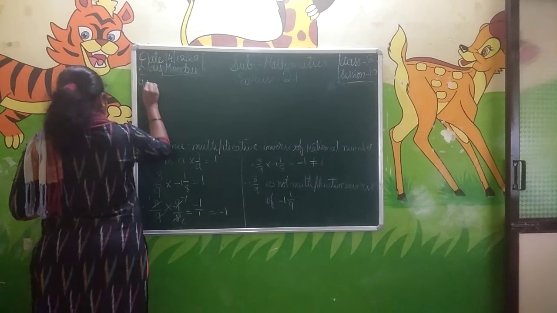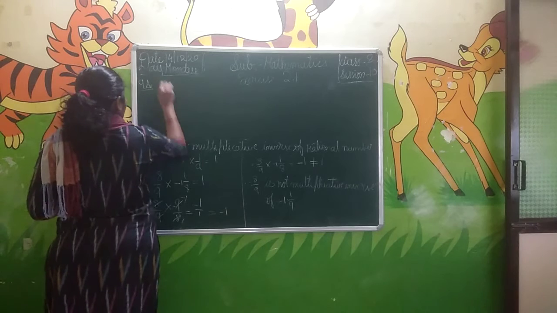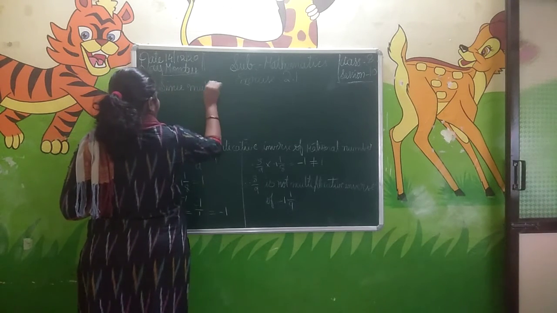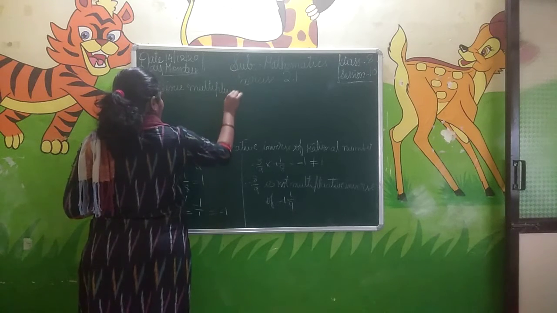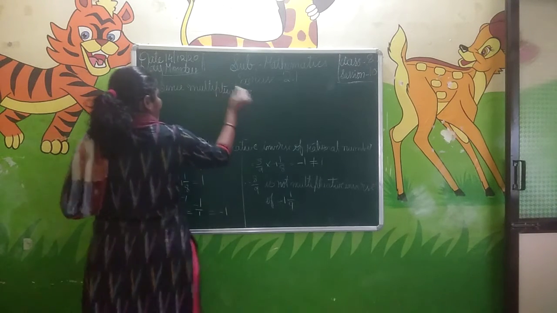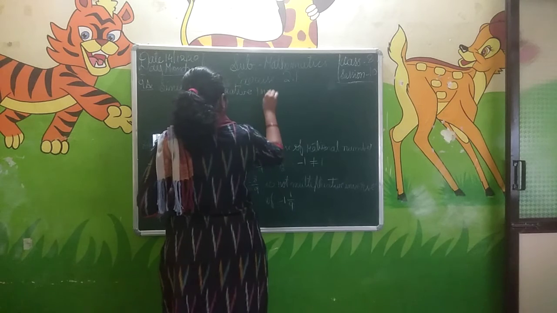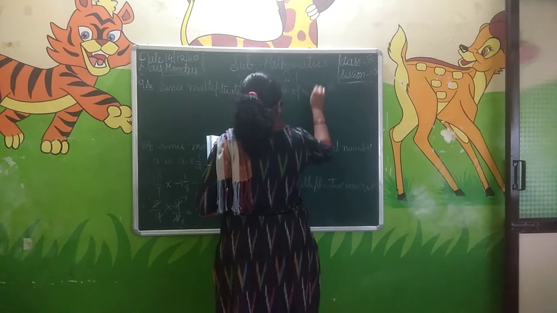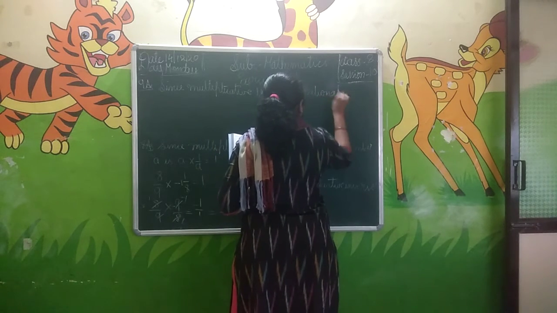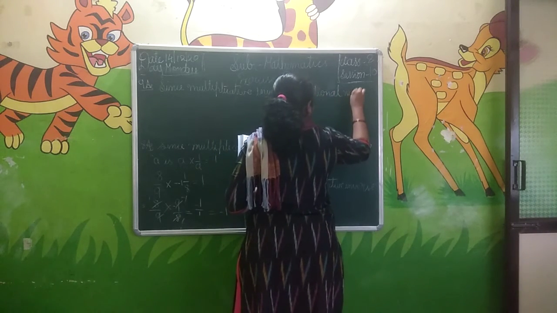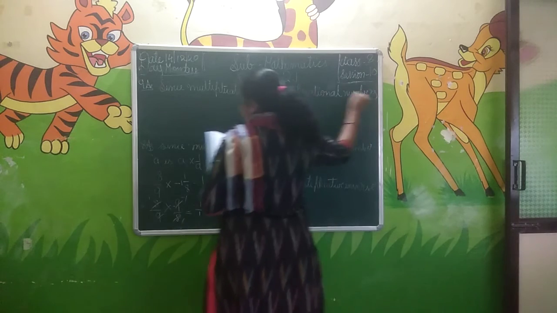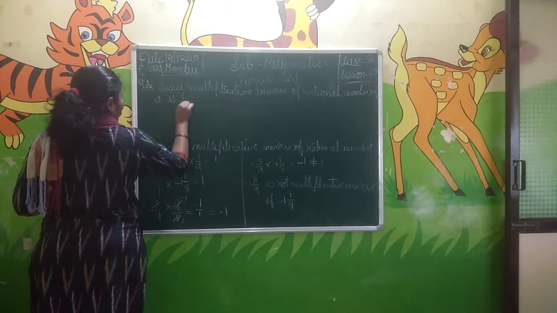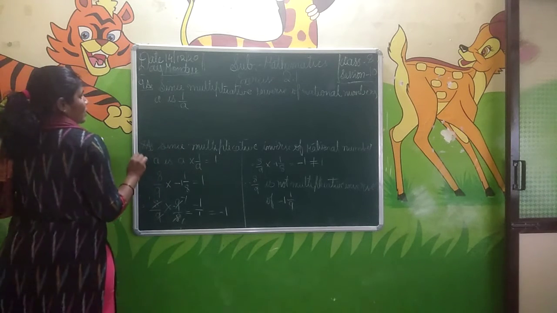9th one. Since the multiplicative inverse of rational numbers, a is 1 by a. This is the multiplicative inverse of the rational number.